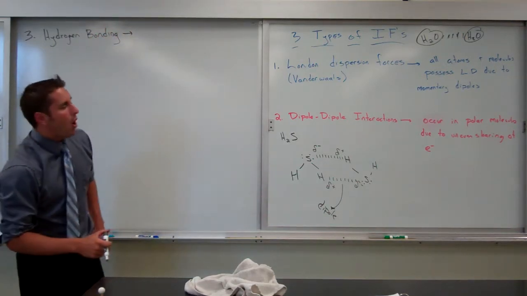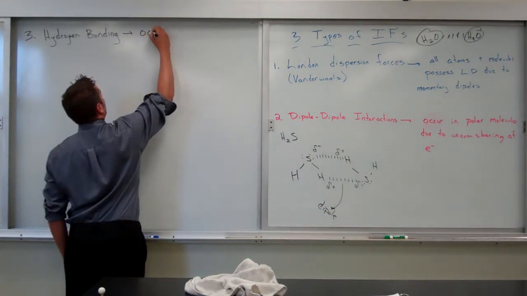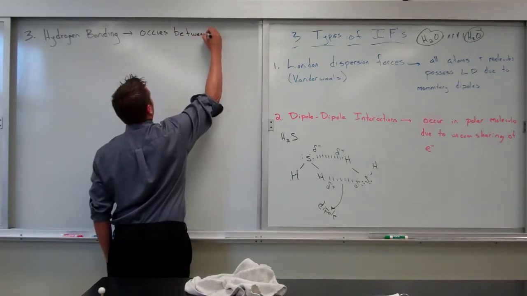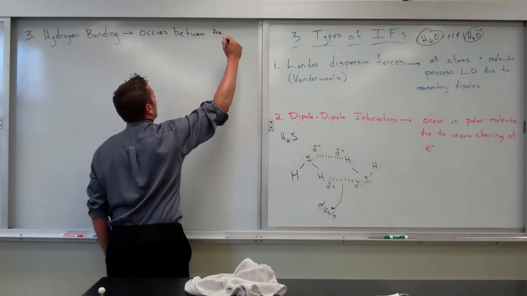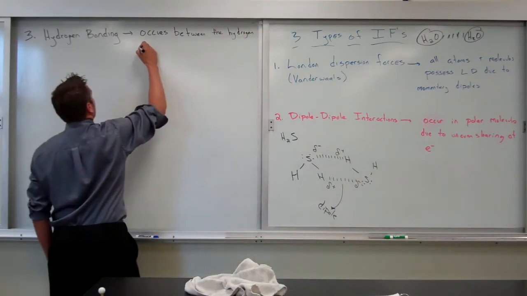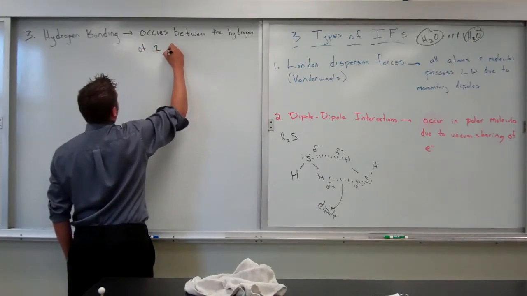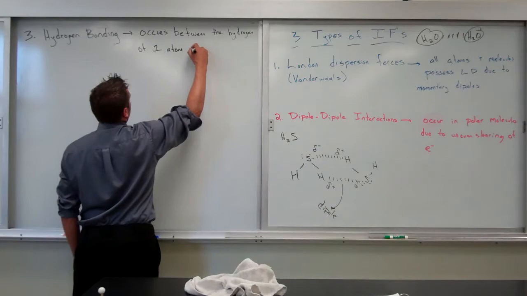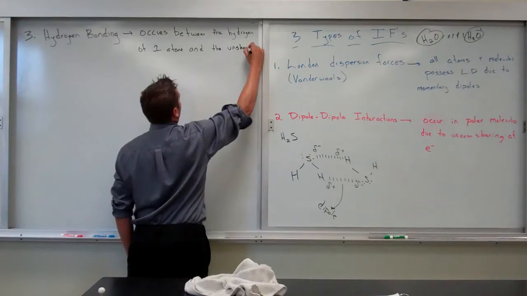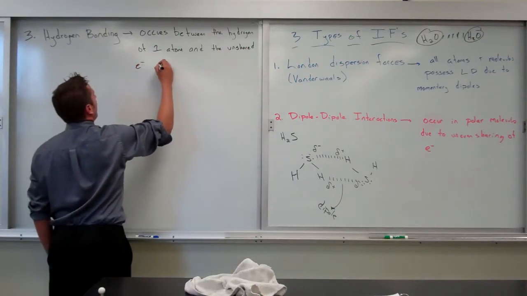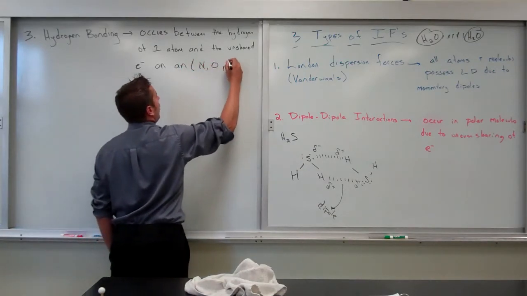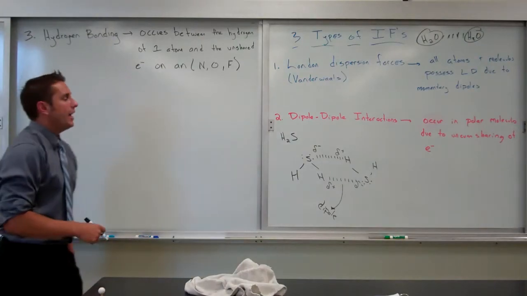And what hydrogen bonding does is it occurs between the hydrogen of one molecule and the unshared electrons on an N, O, or F atom.